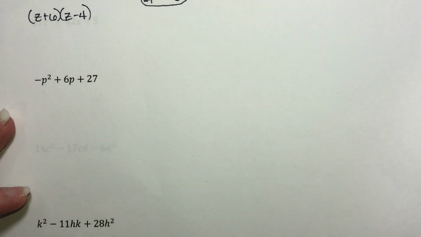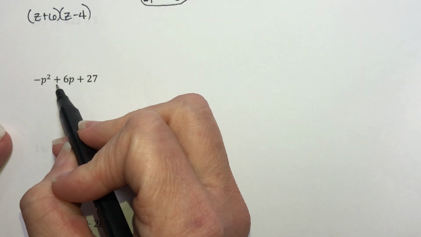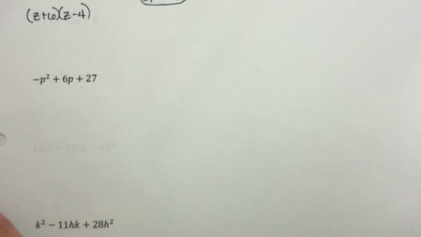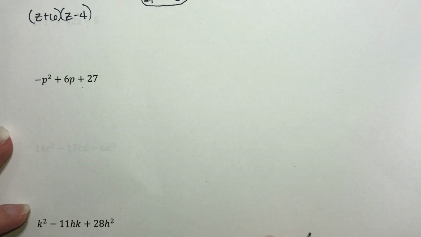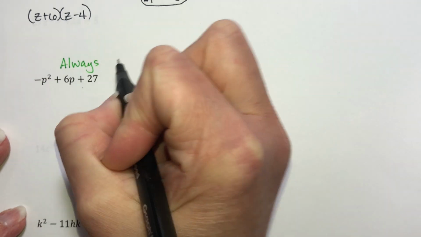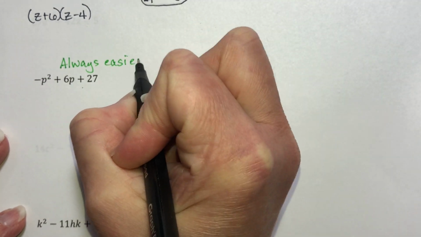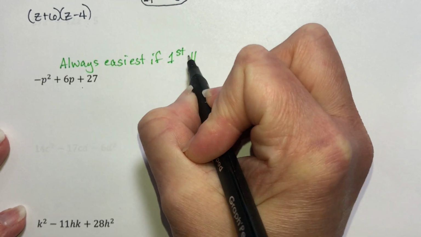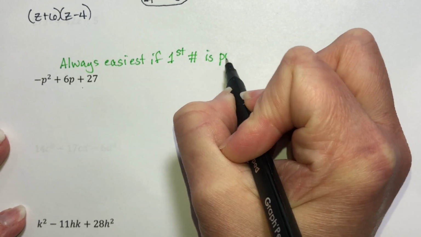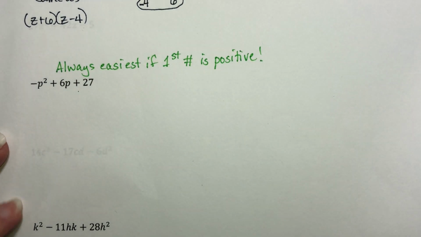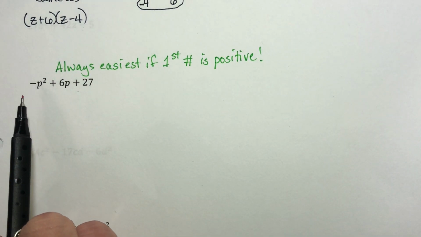Okay, so let's try negative p squared plus 6p plus 27. First thing you need to know is it's always easier if your first number is positive. Okay, so right here I have a negative in front.